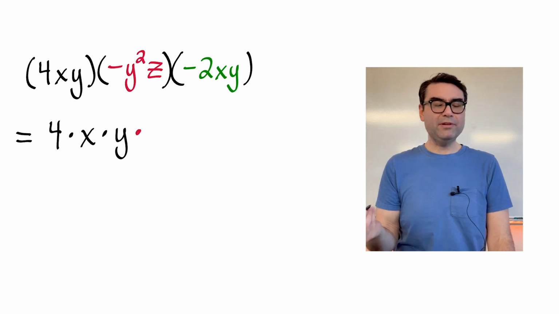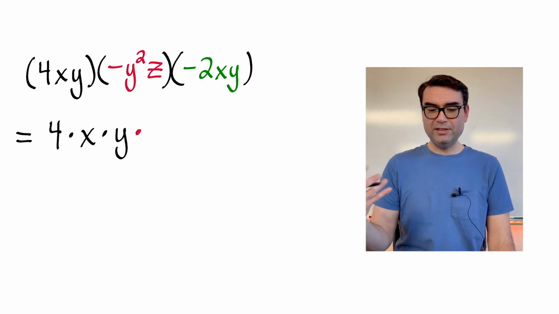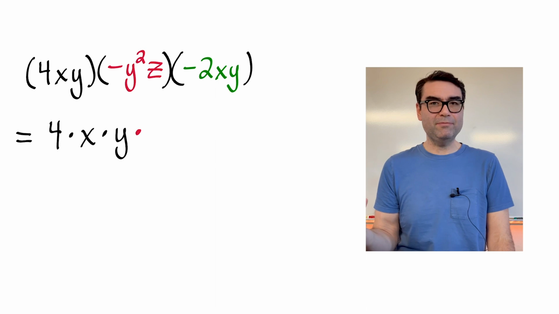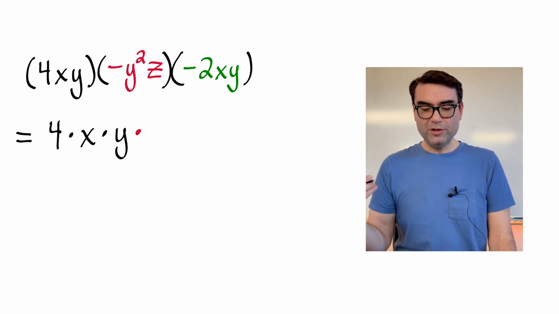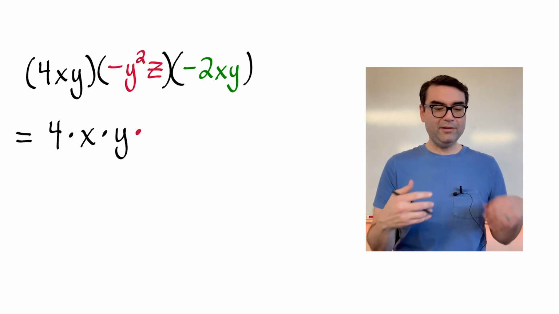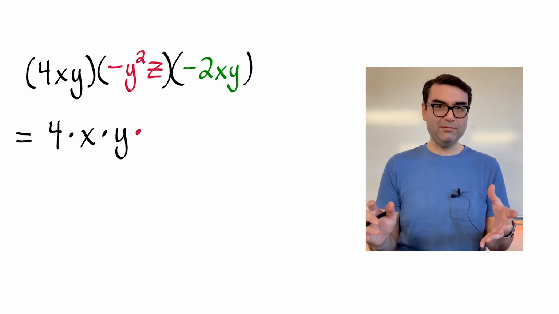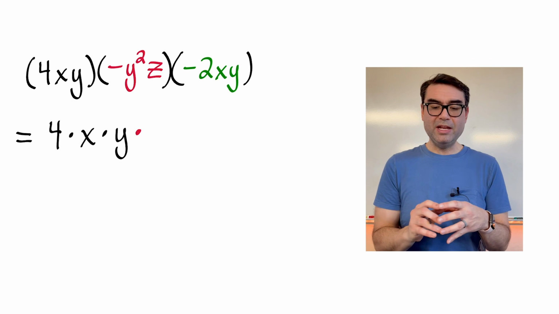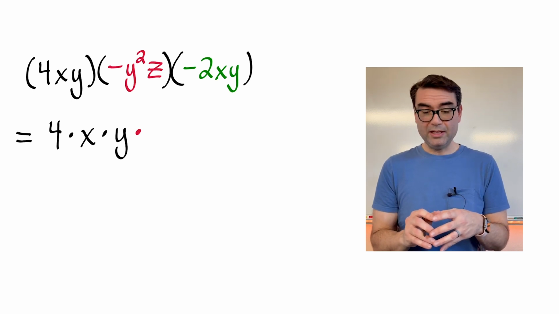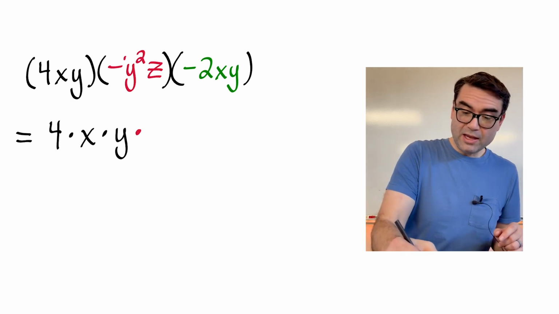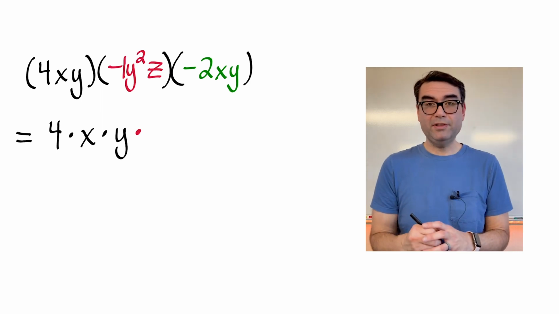So how do we deal with a negative y squared z? Does the negative belong to the y squared, or to the z? Which factor does it belong to? Well, if you've ever taken pre-algebra or algebra or any course that uses variables, another way to think about negative y squared z is negative 1 y squared z.